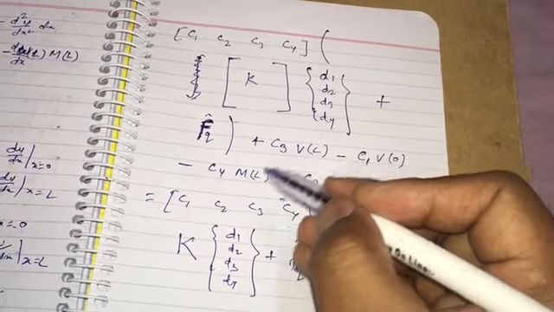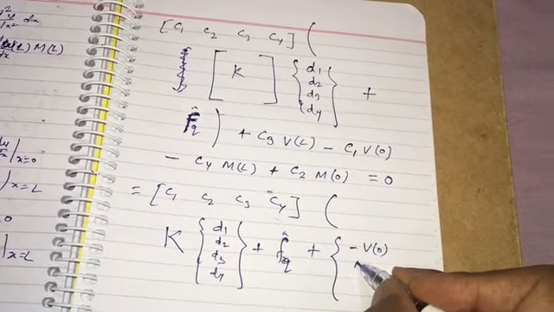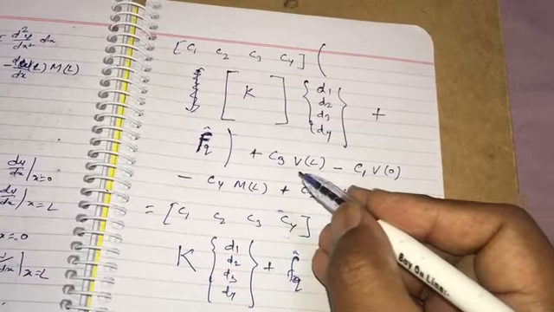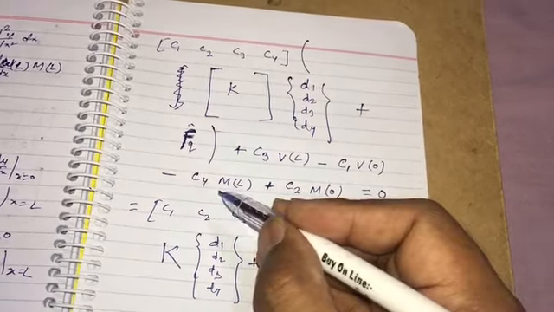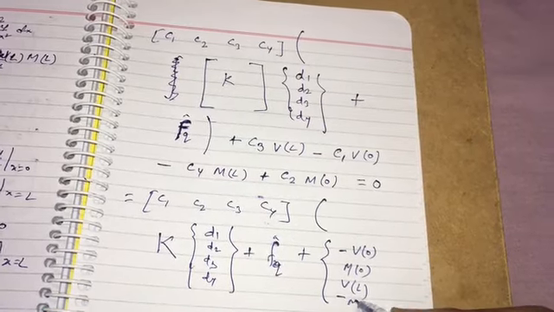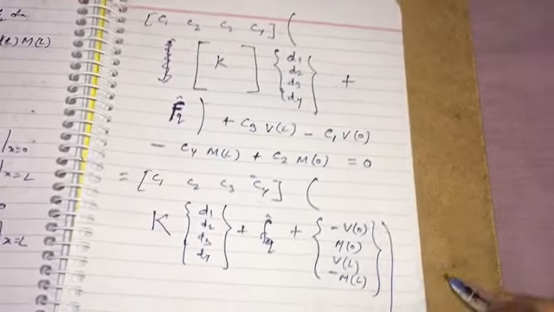Then C2 with M0, so write M0. C3 with VL, so write VL, and C4 with minus ML. Everything equal to 0.